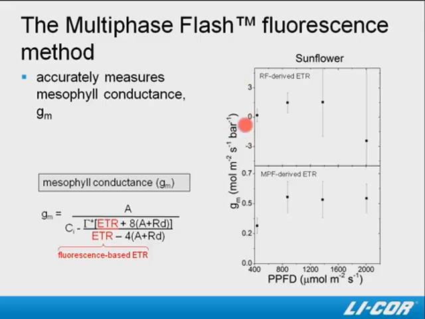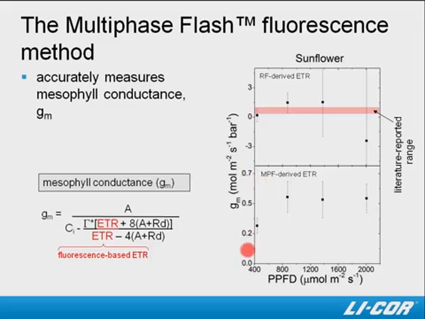And I want you to pay attention to the scale between 0 and I think it was 4.5, and 0 and negative 4.5. And these data are highly erratic. They're very, very noisy, and they're well outside of the range of literature-reported values of mesophyll conductance. In contrast, the lower panel represents estimates of mesophyll conductance based on multiphase flash-derived estimates of electron transfer. And the first thing I want to point out is the scale.